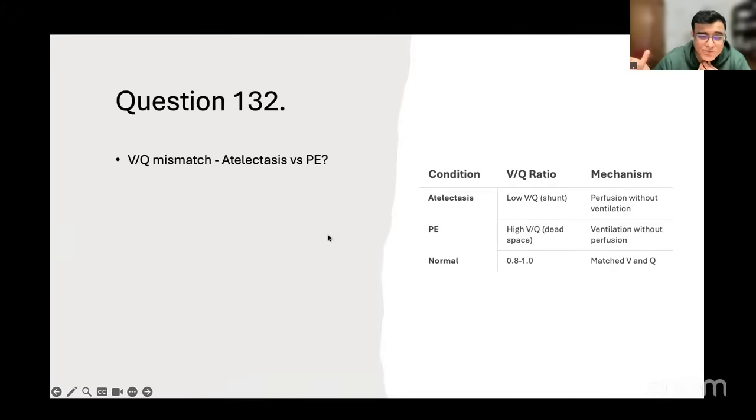If you have low ventilation with high perfusion, as in atelectasis, that is a shunt. In PE, you have high ventilation with low perfusion, so it is dead space.